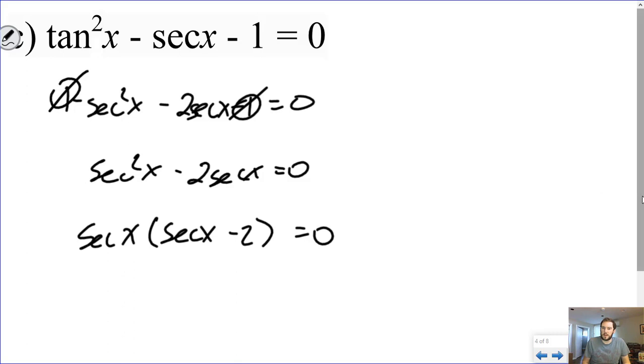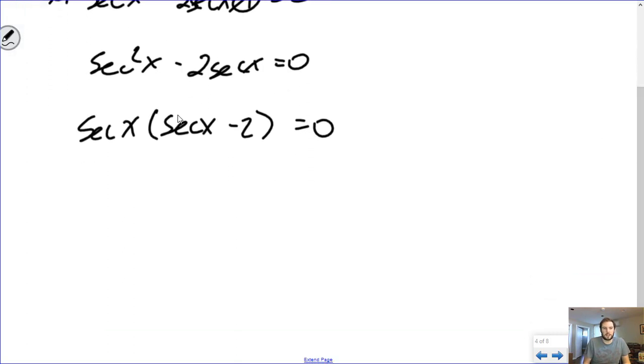So again, what I find is that there are 2 scenarios that I need to solve for. I need to solve for when secant x equals 0, and when secant x equals 2. Remember, secant is 1 over cos, so we have to be careful. When does secant x equal 2?